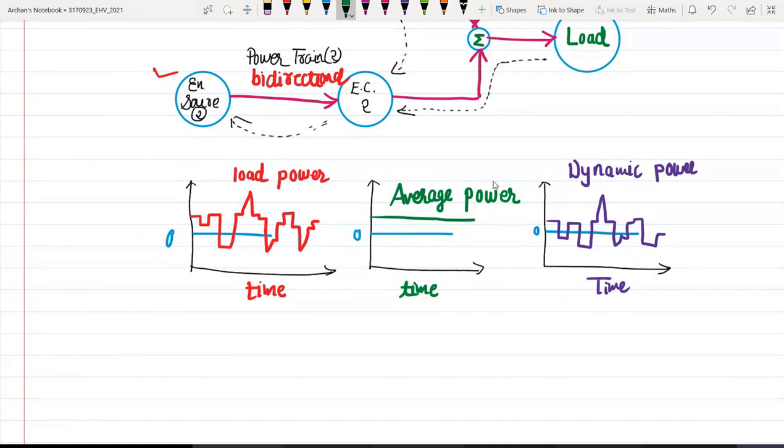One is the steady power, which is this average power, which has a constant value, and another one is the dynamic power. So we can say our load power is nothing but the combination of this average power plus dynamic power, which will have a zero average.